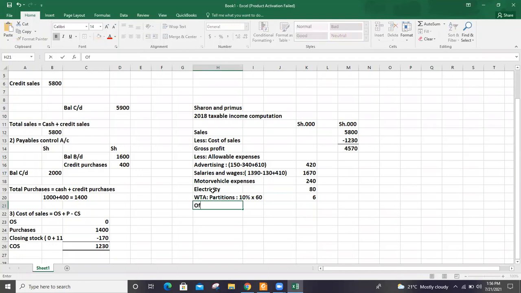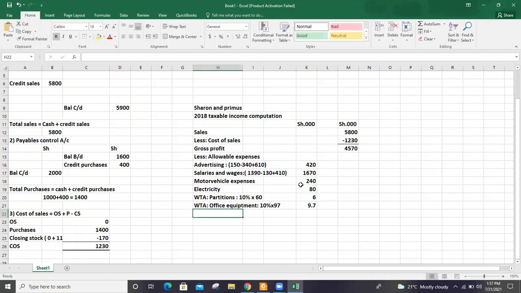Office equipment, still WTA, 10%. Remember, it's not office electronic. For it to be 25%, it has to be electronic equipment. So this one is still 10%. 10% of 97, which is 9.7.